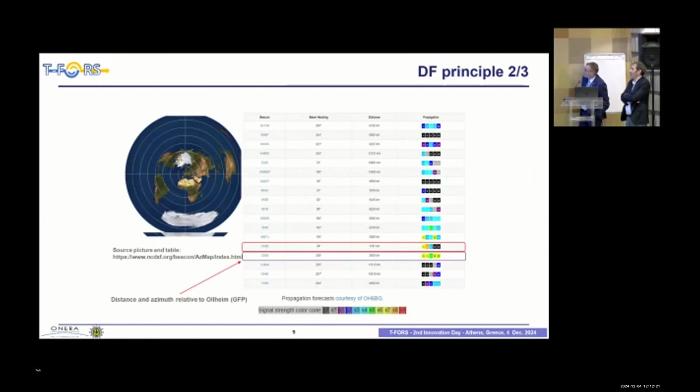Okay, in the project, we are involved in examining which influence TIDs have on the results of direction finding systems. We used amateur radio beacons, two beacons: one located in Helsinki in Finland and the other one in Madeira.